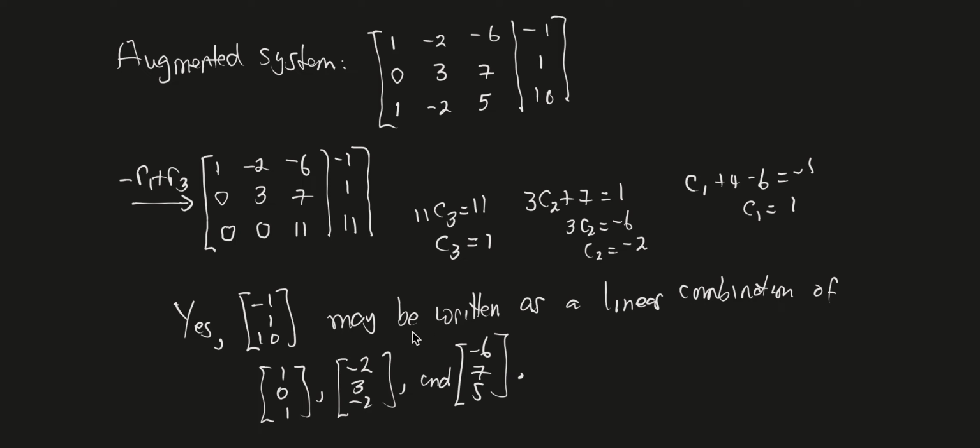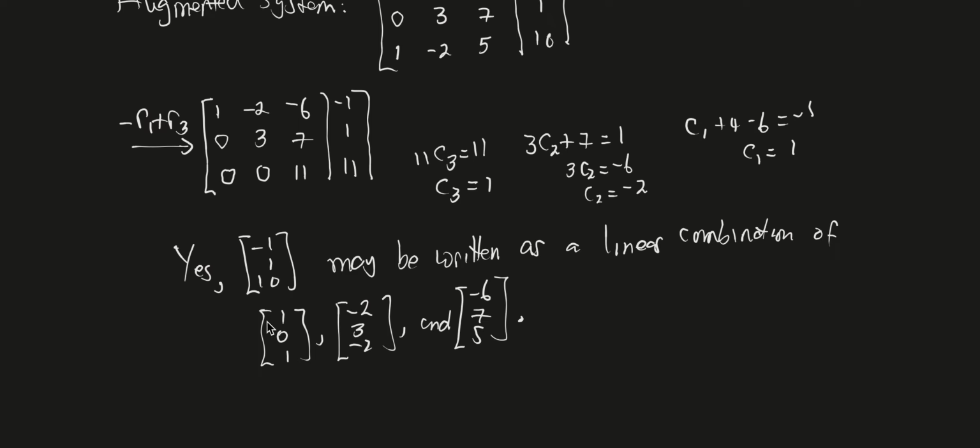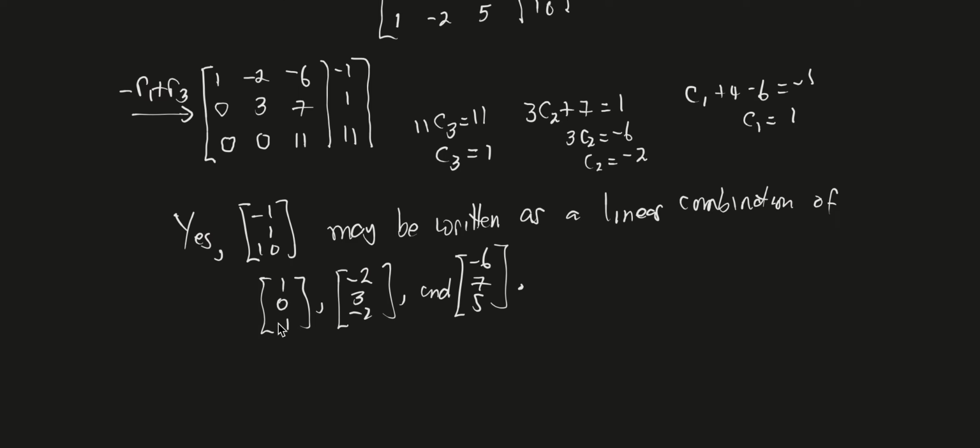And the reason why is because we ended up with a consistent linear system. How would you check this? Well, do exactly what the linear combination says to do. So here's our check or verification.